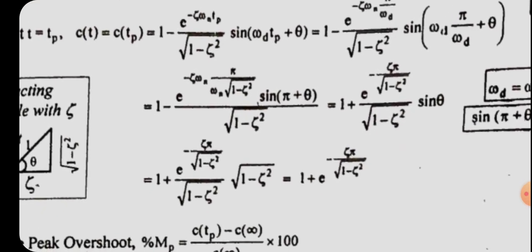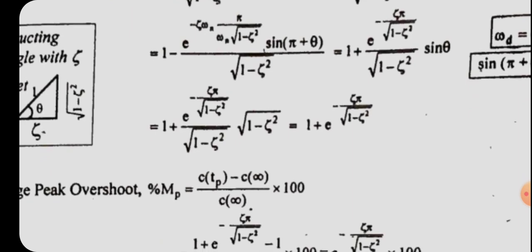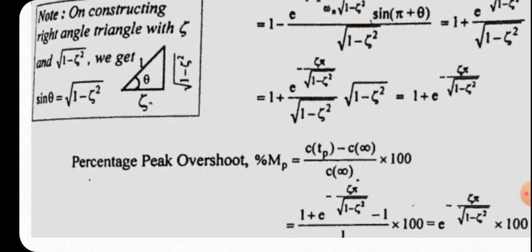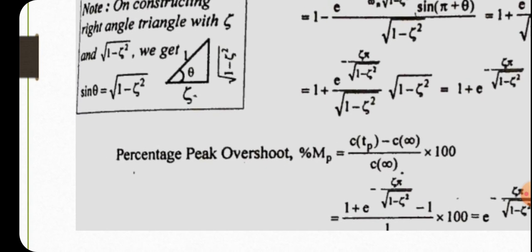So we have the equation 1 plus e raised to minus epsilon pi divided by square root 1 minus epsilon square, divided by square root 1 minus epsilon square, into sin theta. You can draw the triangle like this: if epsilon is one side and square root 1 minus epsilon square is the other side, and 1 is the hypotenuse, then sin theta is equal to square root 1 minus epsilon square.